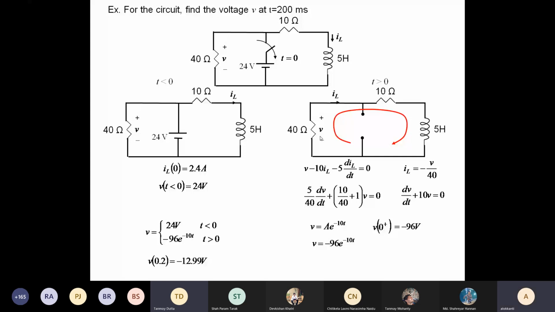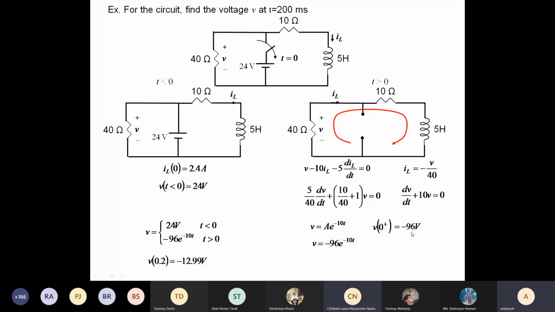So this IL0, somebody asked about minus 96. IL0, that is at t equal to 0, the IL was 2.4 ampere, and at t equal to 0, that 2.4 ampere starts to flow in this direction. So 2.4 into 40 ohm is how much? 96. So that is 96, but since now it is going in the other direction, it is minus 96.